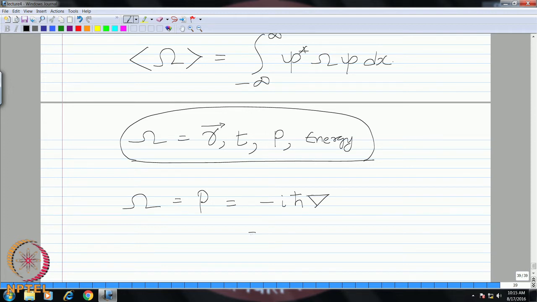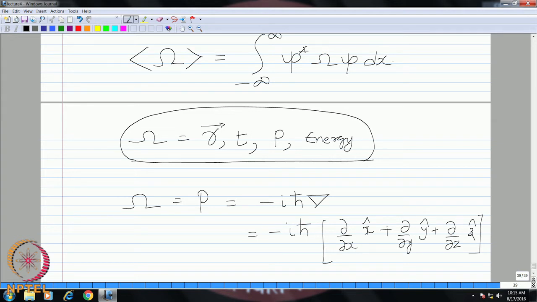That is nothing but, in the Cartesian coordinate system, d by dx. Let me use the unit vector as x, because I already used a complex variable i and I do not want to confuse that. d by dy, this is the unit normal, d by dz. So, this is basically the momentum operator, okay.